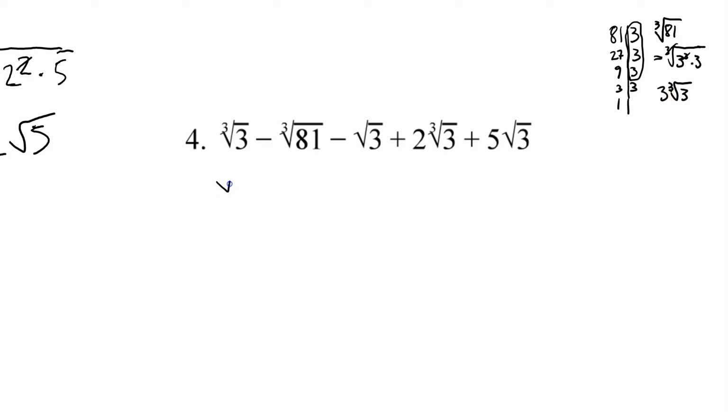So here I have the cube root of 3 minus 3 times the cube root of 3. And I'm going to take this 2 cube root of 3 over, plus 2 times the cube root of 3.